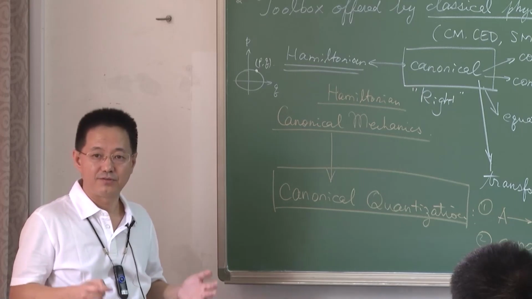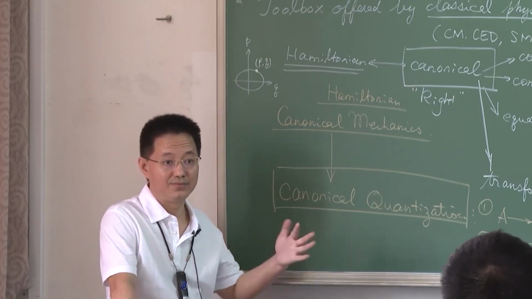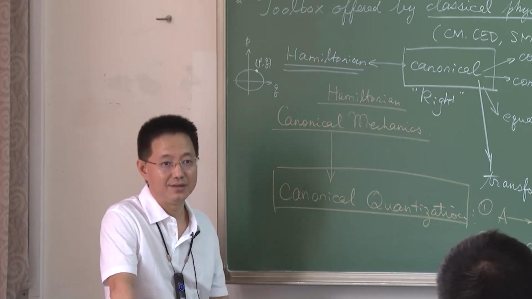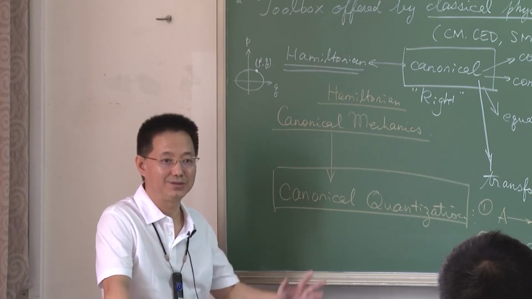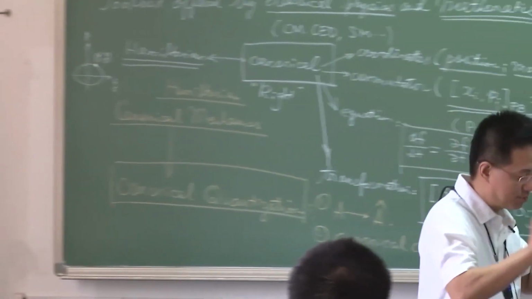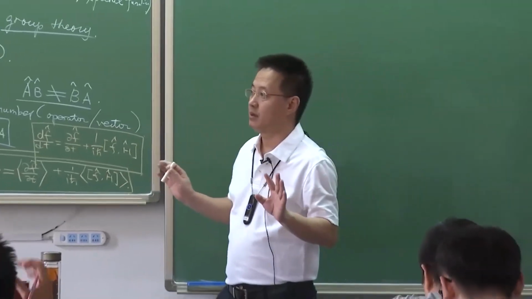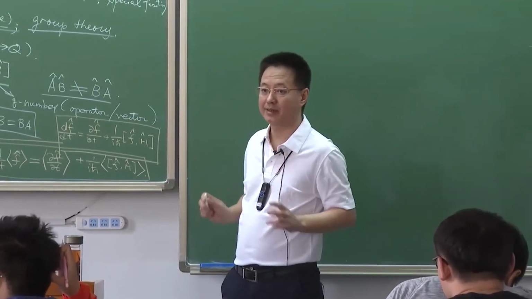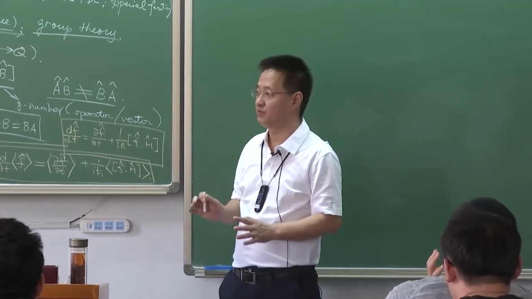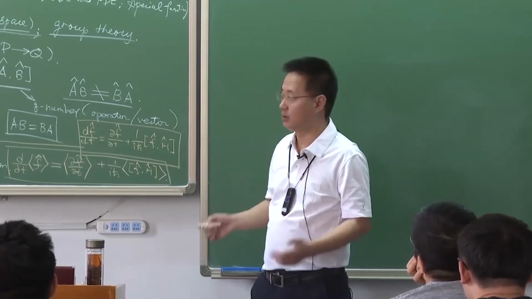So we have sufficient tools already before the new mechanics, quantum mechanics, comes, right? Everything has been ready. So now, 1, 2, 3, you can go. So that's a very brief and global story about classical mechanics and mathematics. Everything has been ready for the creation of the new mechanics called quantum mechanics.